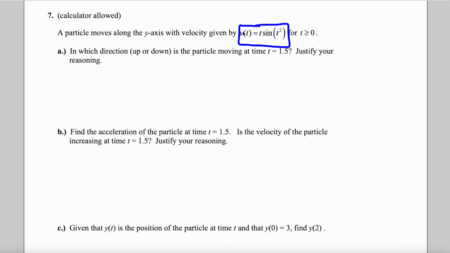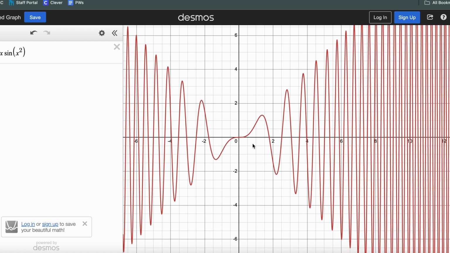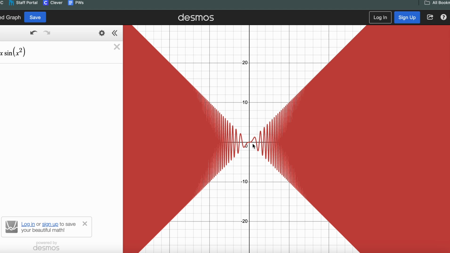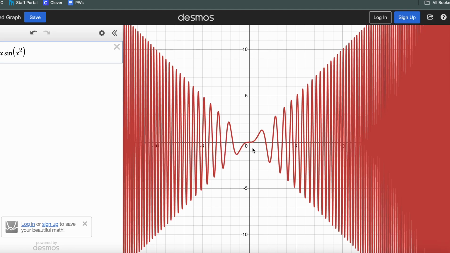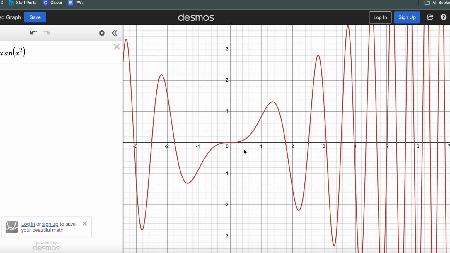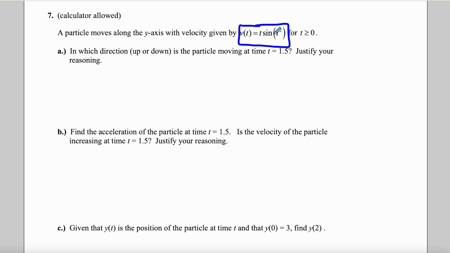I'll go ahead and get this velocity graph all set up in our calculator. I have Desmos, which I'm going to use. So here it is. When I plug it in, it's going to be really messy. On your calculator, it's going to be even worse. So I'm going to go ahead and adjust this window. It's nice I can zoom in like this. I believe that if you go back to the question, the interval is everything after 0.